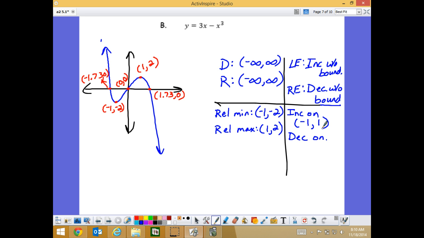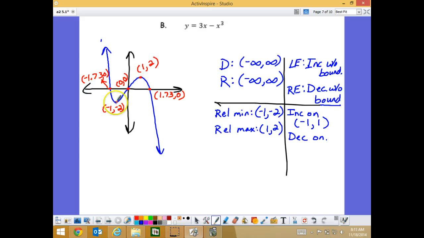And the reason we use parentheses and not brackets for these increasing and decreasing intervals is because right at -1, this graph is neither increasing nor decreasing. It is a minimum. Same at 1, neither increasing nor decreasing.